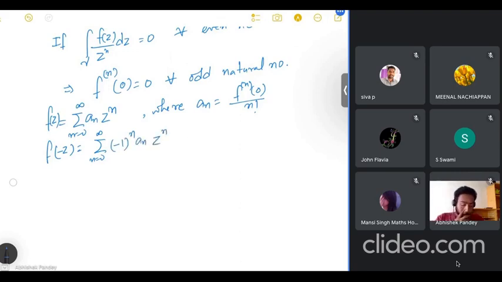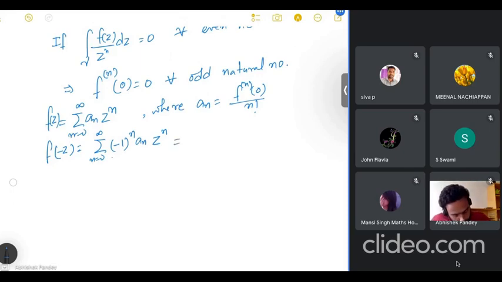(-1)^n a_n z^n. Okay, so suppose n is even, so this a_n is fine and this z squared will be positive, and this will also be positive. But once n is odd, the only thing which makes this minus sign, (-1)^n, is for odd n, but for odd n a_n is 0, so this whole term is 0.